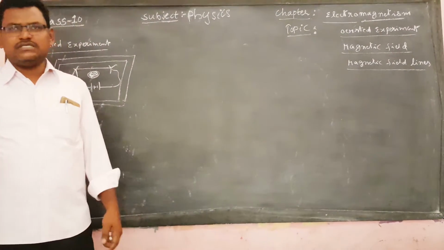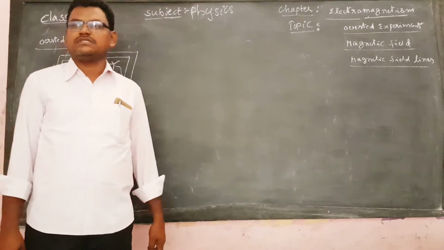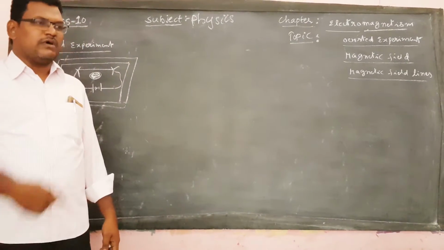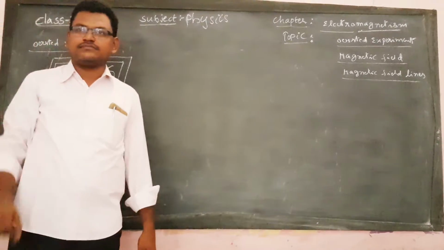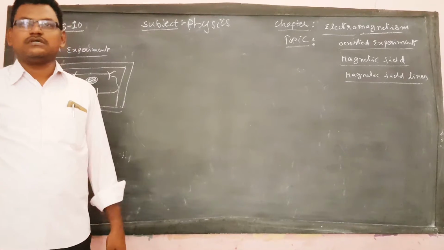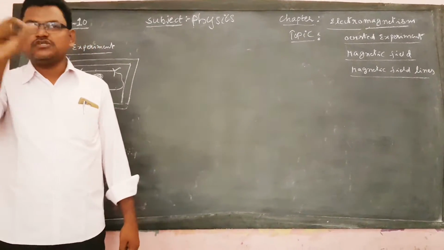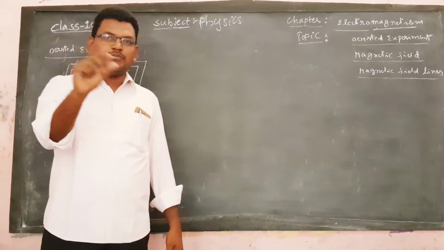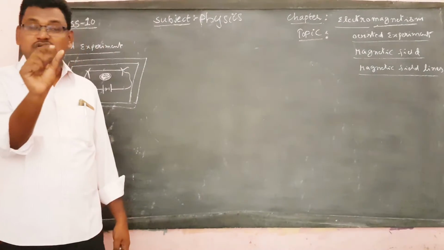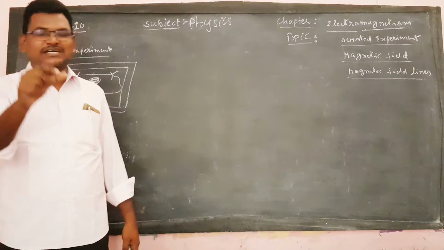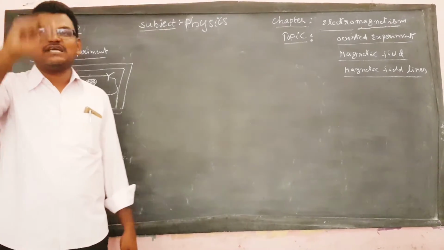So in the year 1820, the scientist Oersted accidentally, while demonstrating, discovered the deflection of the magnetic needle in a compass box, which was kept under a current carrying wire.